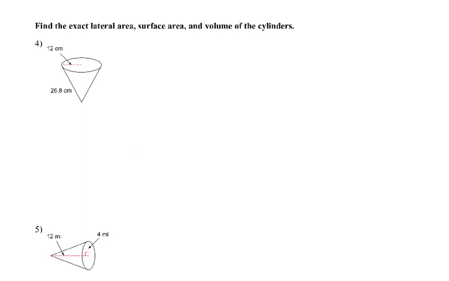So find the exact lateral area, surface area, and volume of the cones. So we're going to start with lateral area, which is pi times r times L. And we're doing exact, so we'll leave it in terms of pi. So our lateral area is pi times our radius, which is 12.